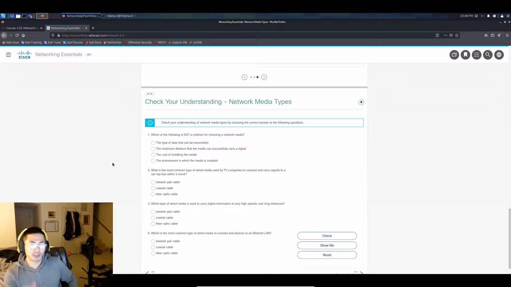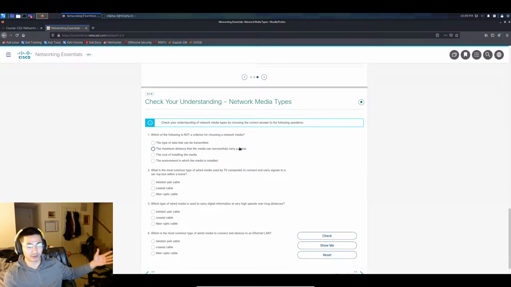I don't think we really discussed the factors of why you would choose a specific media, but we can do this by the process of elimination, right? The type of data that can be transmitted. I think this is a reason why you would want to choose a certain media, so probably not this one. The maximum distance the media can successfully carry a signal. This is probably another reason, right?